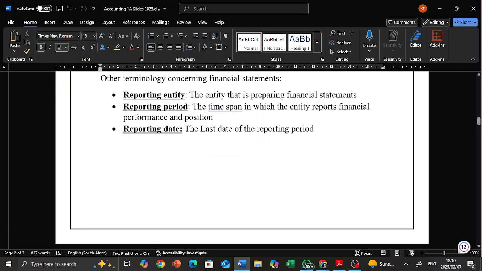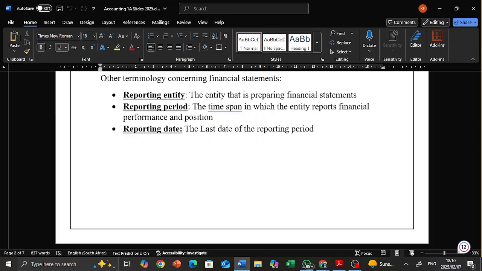Reporting entity is always the entity that is in question. So it is the entity that is presented to you. In my case, they can say Focus Academy, Pty Ltd, runs a tutoring service. The reporting entity is Focus Academy. For now, guys, please, simplest way to explain.